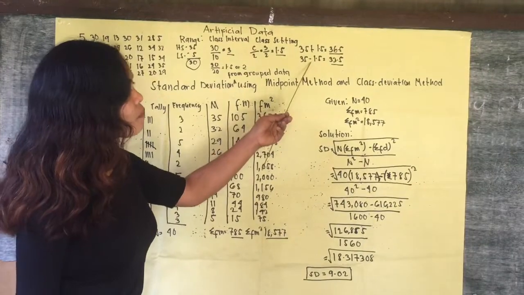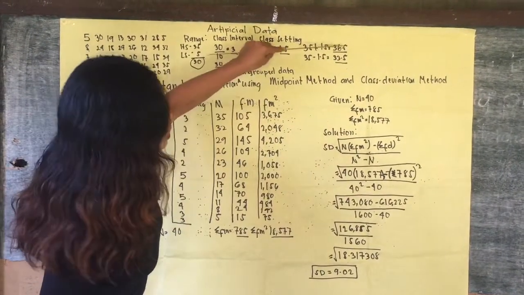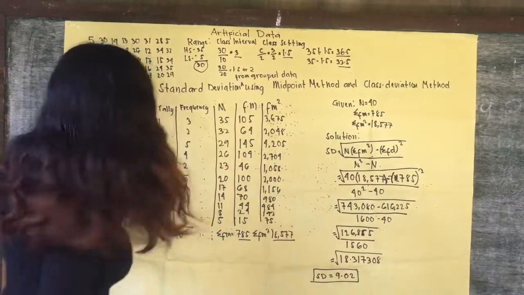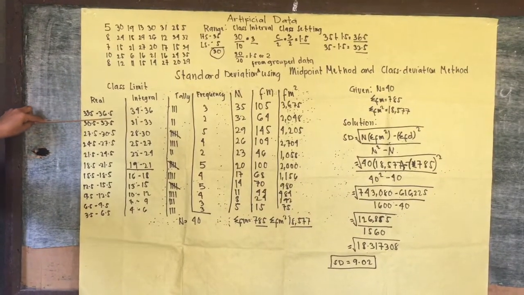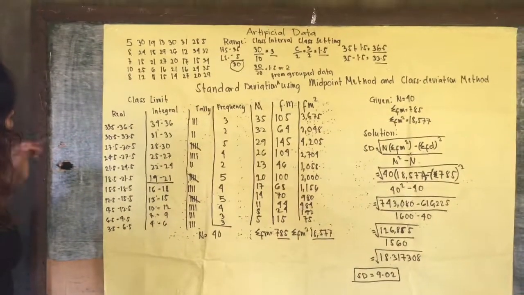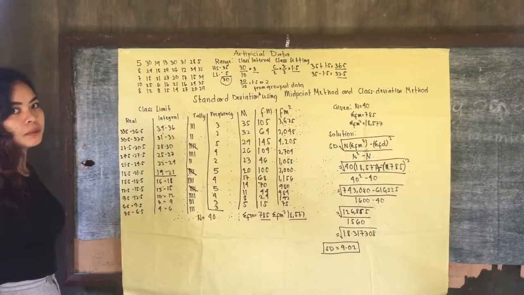So 35 minus 1.5 is 33.5. So these two will be our highest class limit, as shown here in the first column. So 33.5 to 36.5 will be our highest class limit.